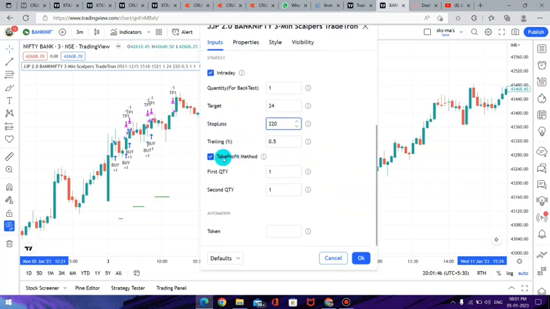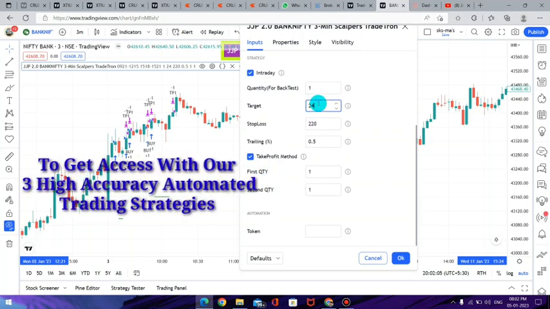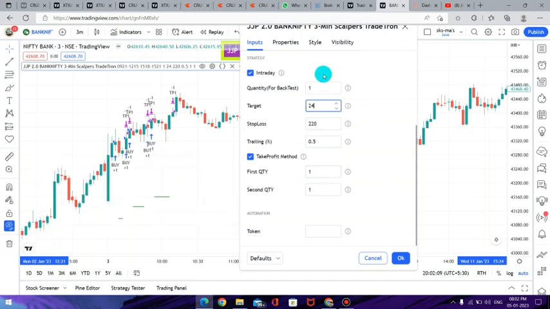If you enable our take profit method, there is another method for making a bigger lot size. You can exit half of the position quantity, so this take profit method will be helpful for you. If you enable the take profit method, then once the first target of 24 points has been met, the first quantity will be exited.